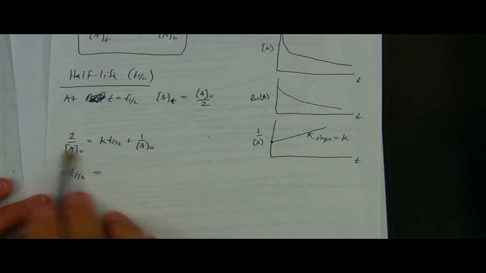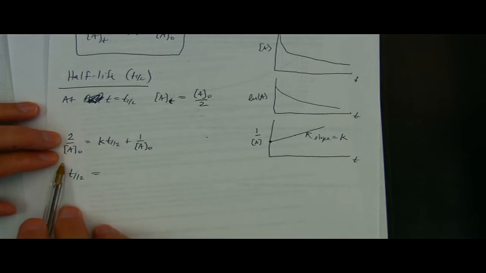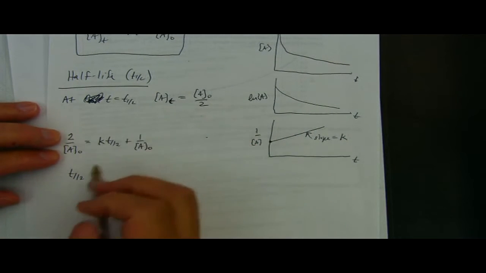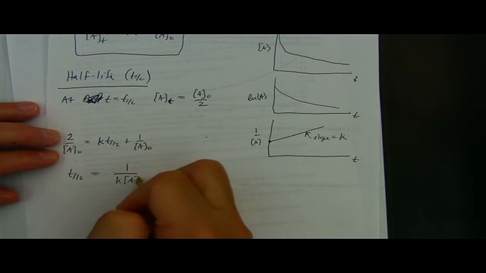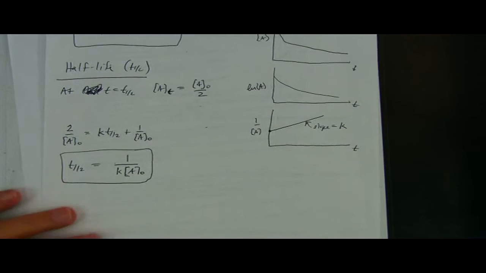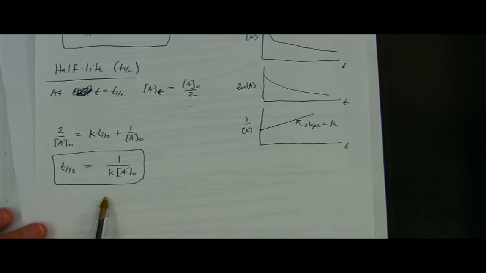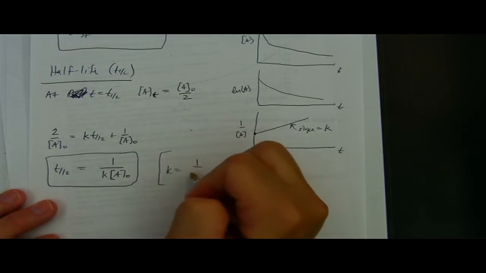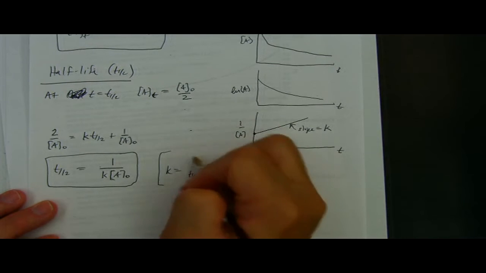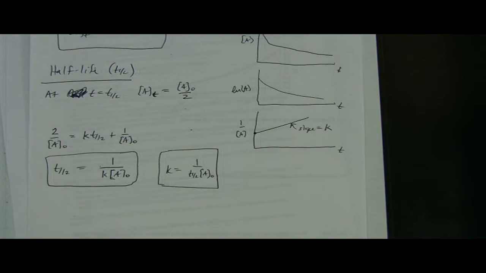If I subtract that off, that gives me 1 over A naught, and that will be 1 over K times A naught is what the half-life is for a second order process. Or if you want the other one, K is equal to 1 over T1/2 times A naught. All right, so we have two equations for half-lives. One much more useful than the other one.